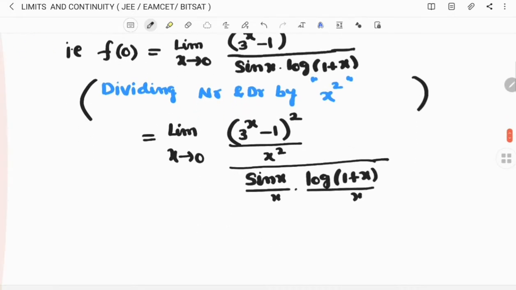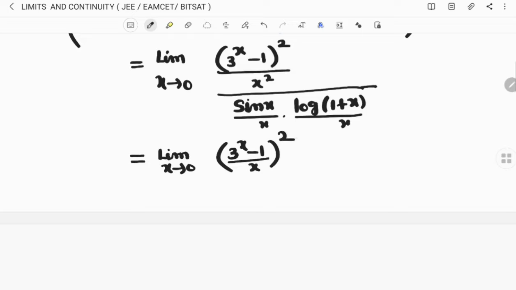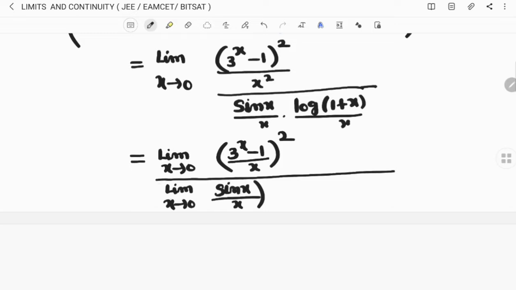So limit applies for the numerator and for the denominator, both functions. So limit x tends to 0, (3 power x minus 1) whole square by x square we can write as (3 power x minus 1 by x) whole square, divided by limit x tends to 0 sin x by x, limit x tends to 0 log of 1 plus x divided by x.